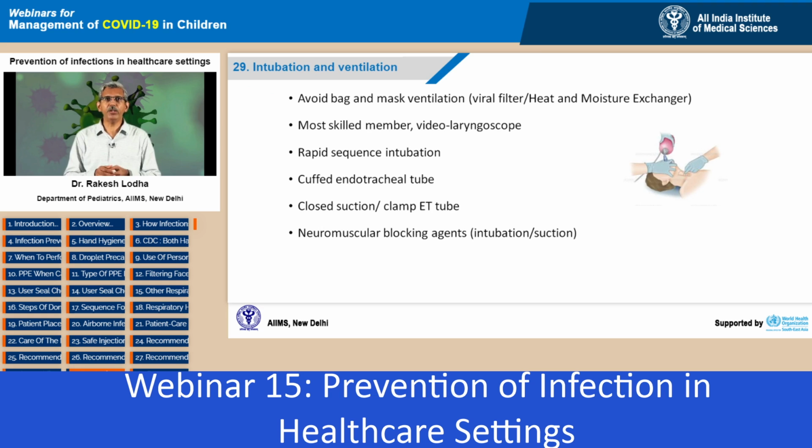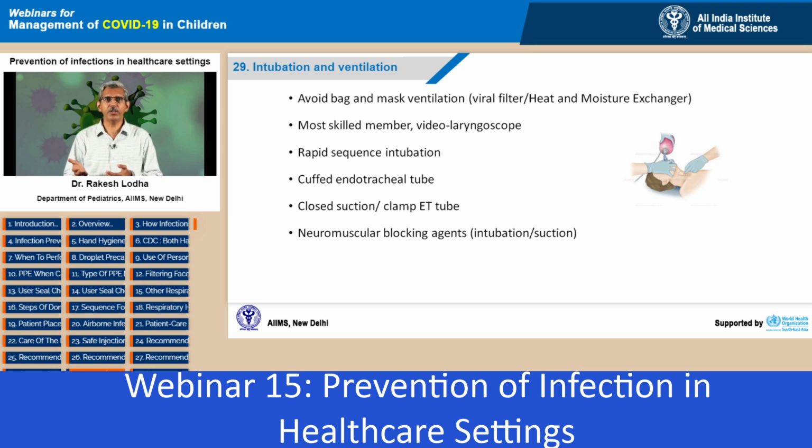Now when performing intubation and ventilation, we need to take the following precautions to limit the aerosol generation. One should avoid bag and mask ventilation, and if one has to do it, one should use a viral filter or a heat and moisture exchanger filter between the mask and the bag. The most skilled member of the team should perform intubation, and a video laryngoscope can help in faster visualization.